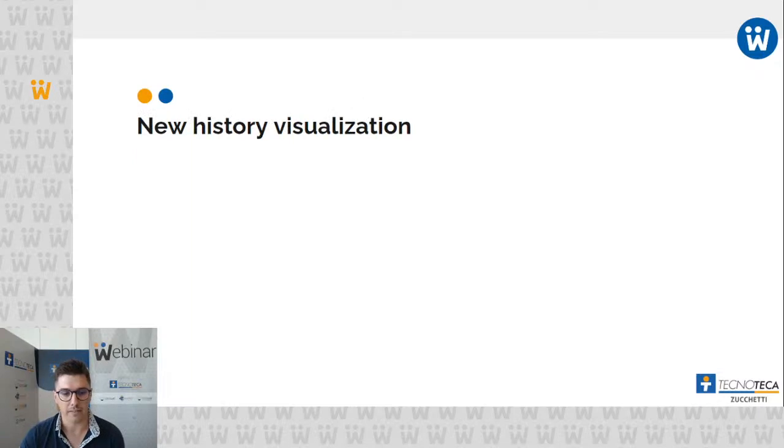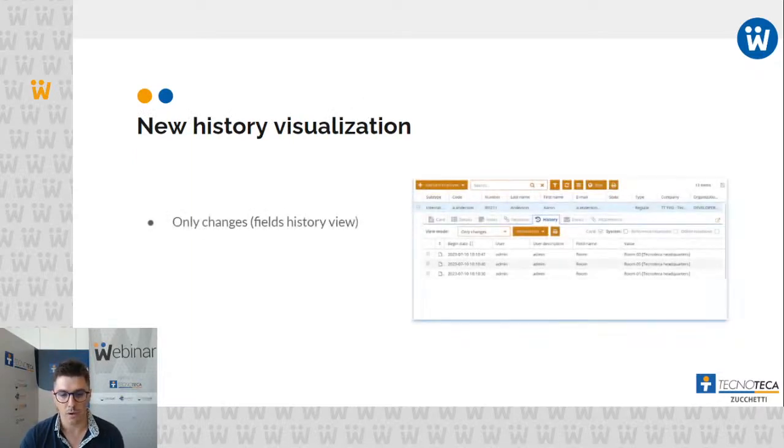Then we have added a new history visualization. We have added a new mode, only changes, and using this mode, the user can see the changes that are made on a single attribute or more than one attribute.